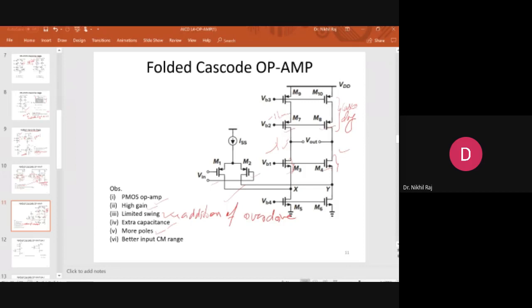The higher the number of poles, the stability will become an issue. So we have to take care of stability. And what we have targeted with the folded cascode is a better input common mode range. So if I use this in a voltage buffer application, then definitely I will get a better picture here.